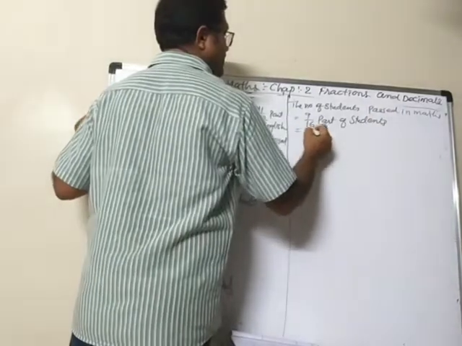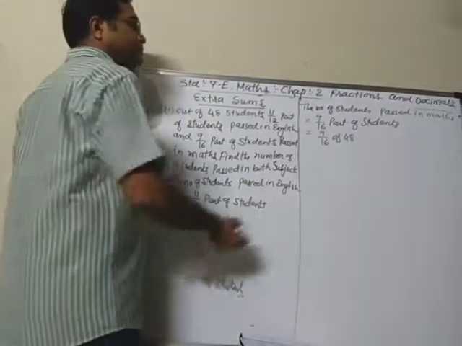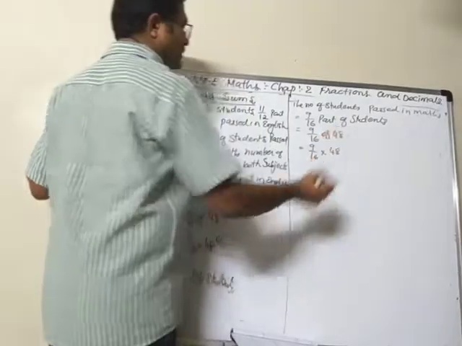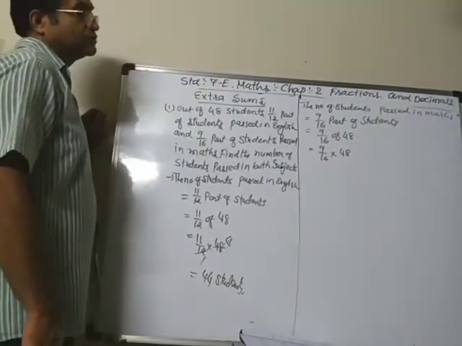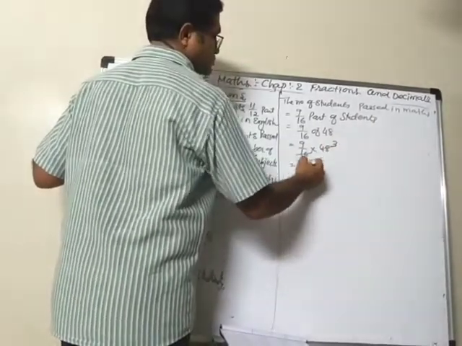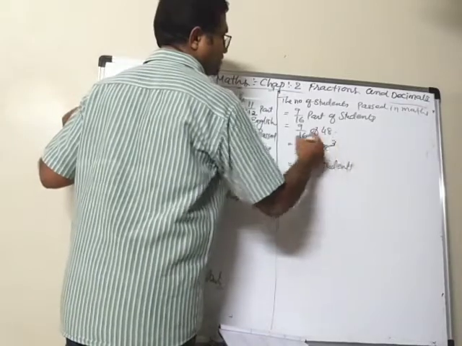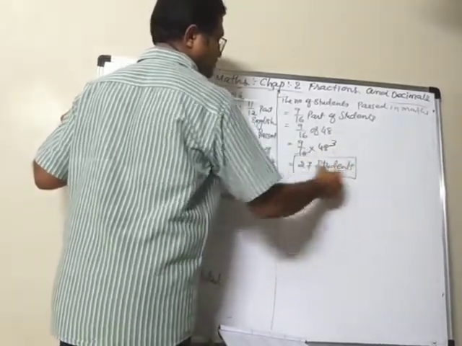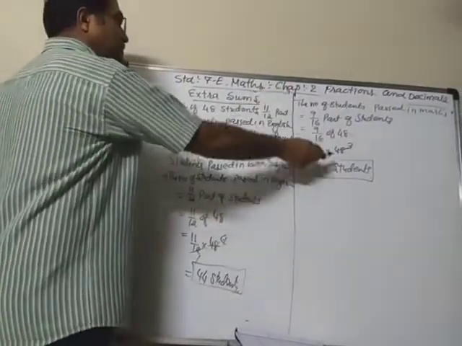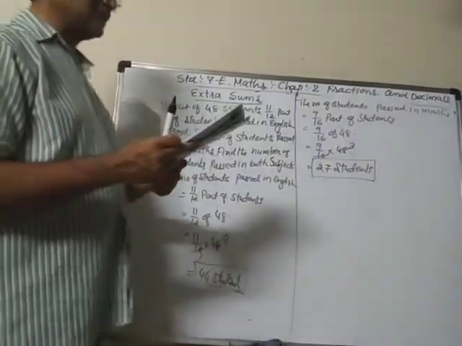It means that 9 by 16 of 48 means 9 upon 16 multiplied by 48. Now cancellation, 16 3s are 48. So 27, 9 3s are 27 students. So 44 students passed in English and 27 students passed in mathematics.